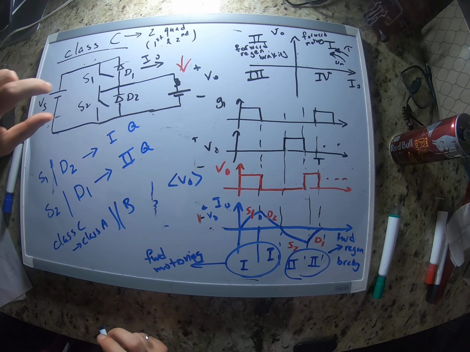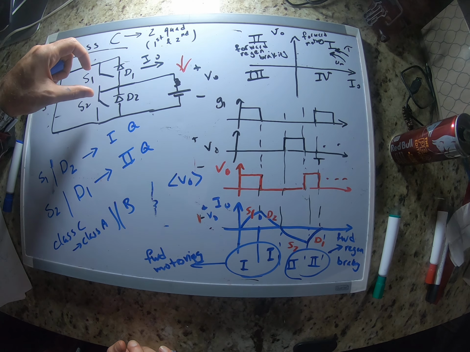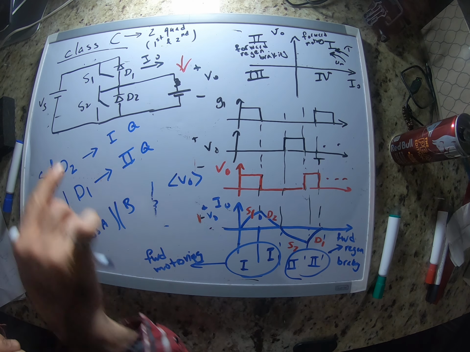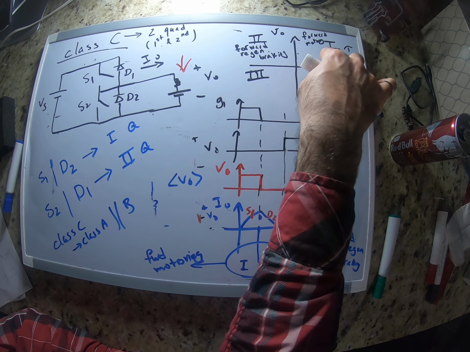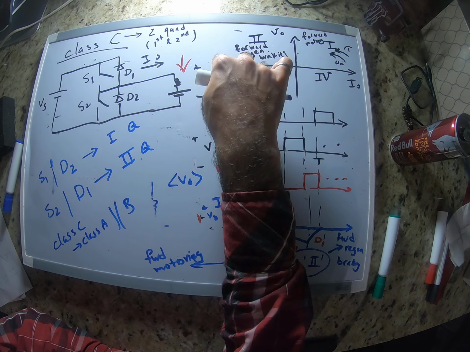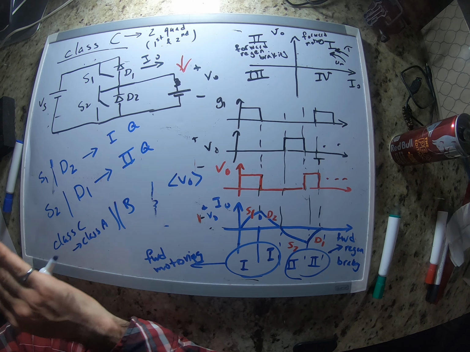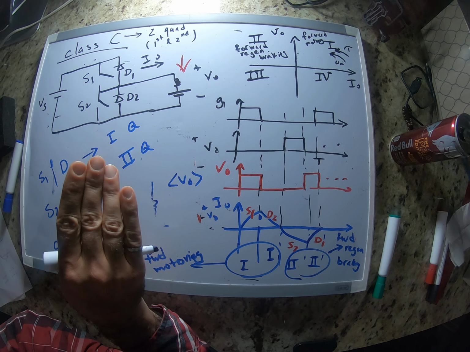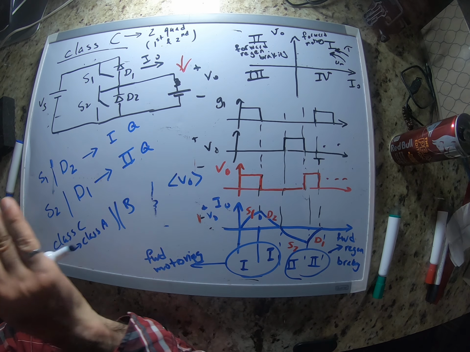If you look at each circuit and the elements in each circuit, and you make them parallel, you end up with class C. So class C can operate both in forward motoring and forward regenerative braking. Okay, so it means that you can ramp up the motor in the forward direction. You can also brake the motor.